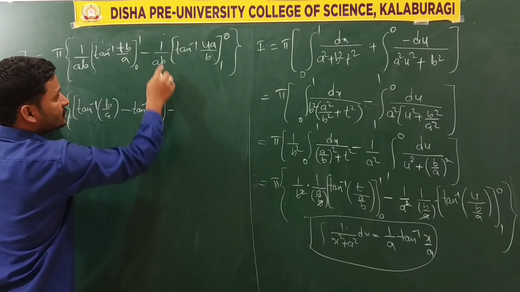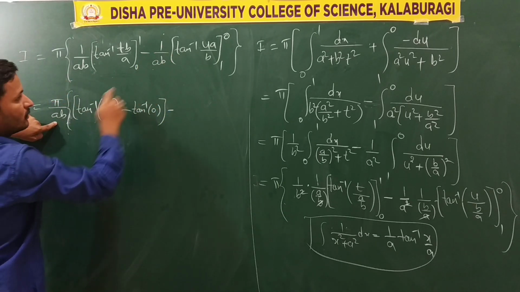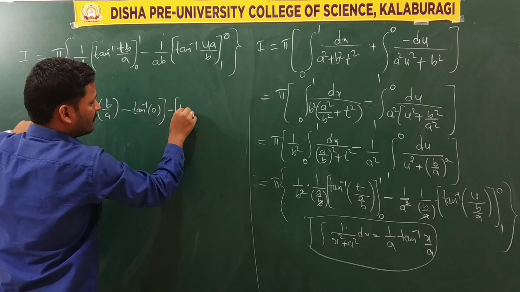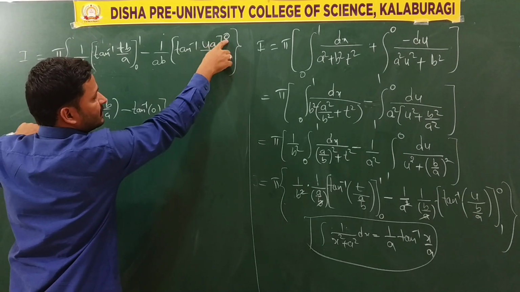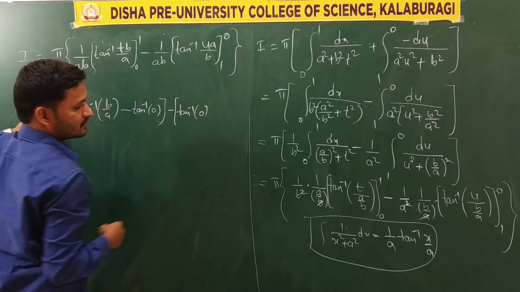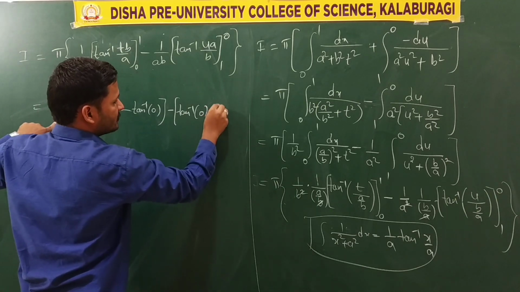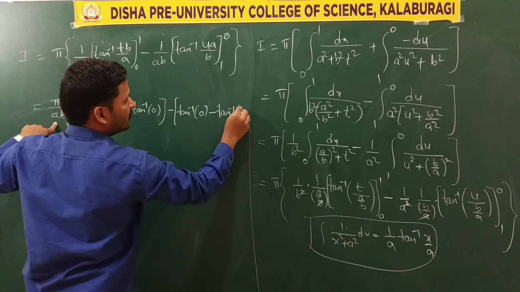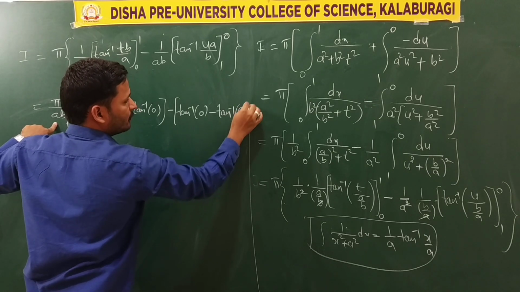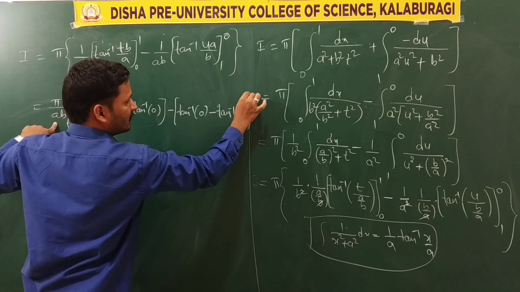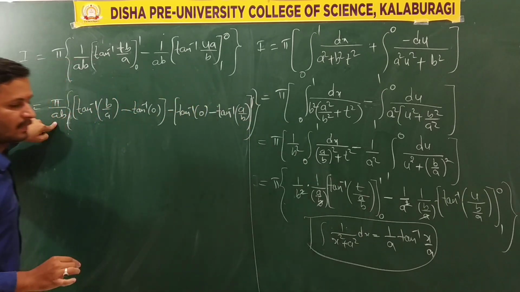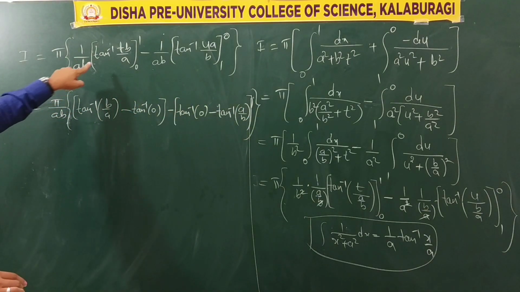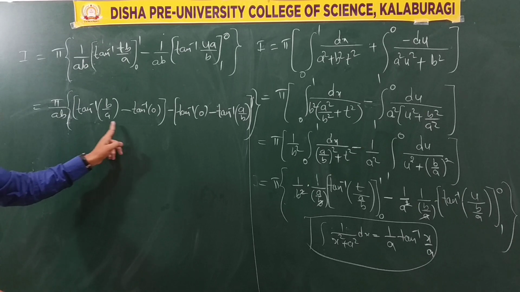Next minus 1 by ab taken common. Next, tan inverse of u, putting the upper limit that is tan inverse of 0, minus tan inverse of u, where again putting 1 gives a divided by b.